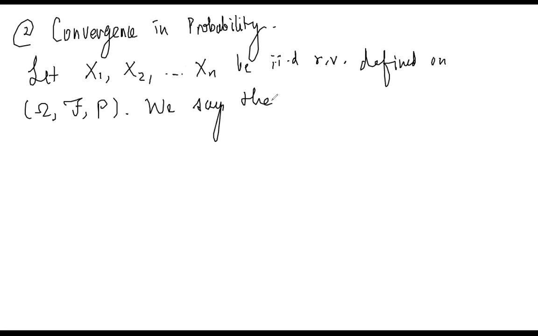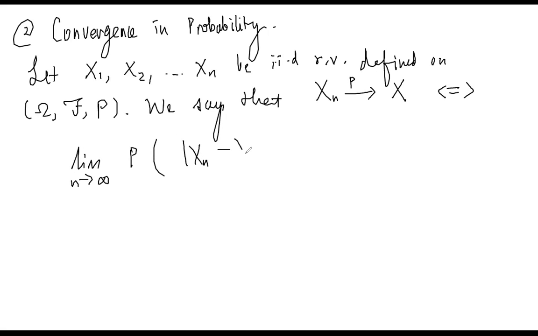We say that Xn converges in probability to X if and only if the limit of this is equal to 0.